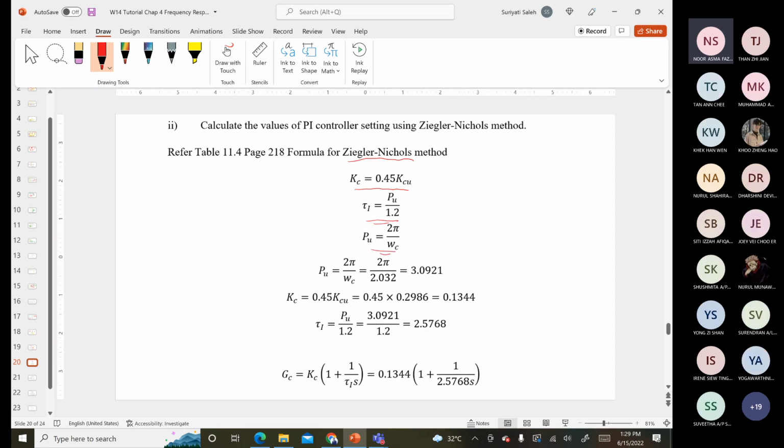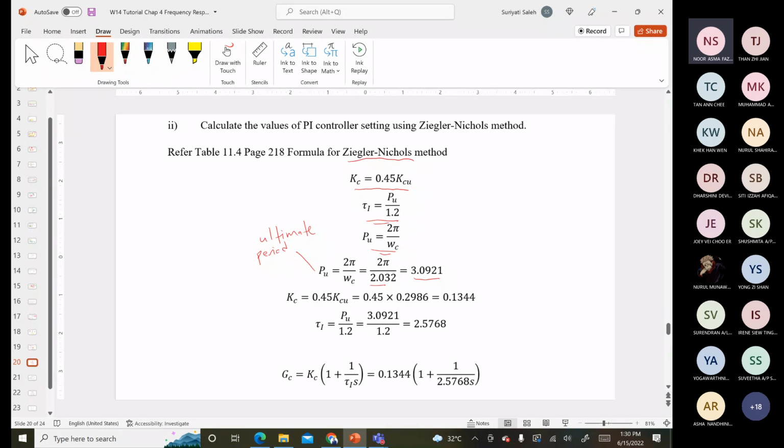From the previous procedure, we know that WC equals 2.032. We insert the value back, and this is the value of your ultimate period, the Pu here. So this ultimate period is 3.09.